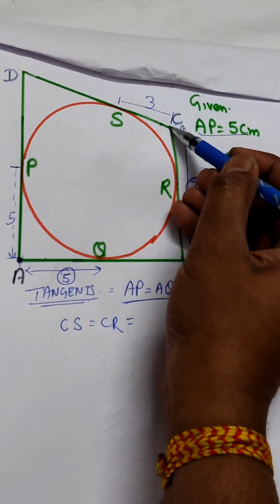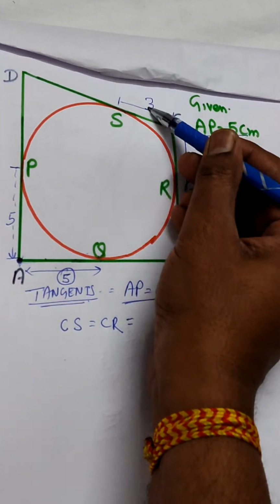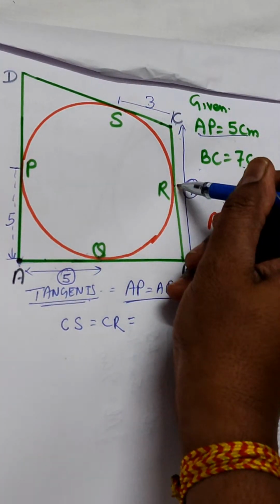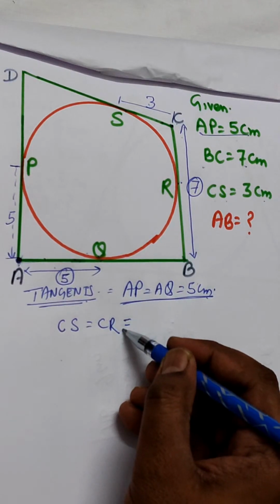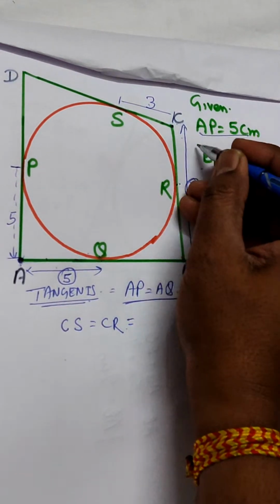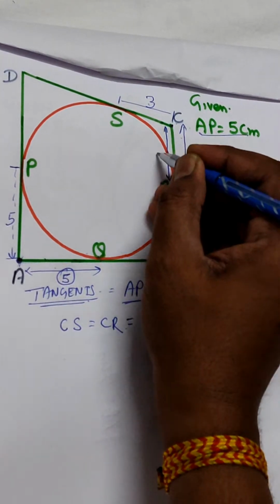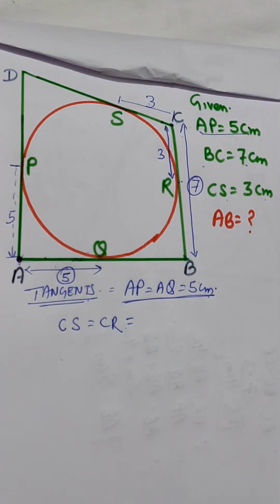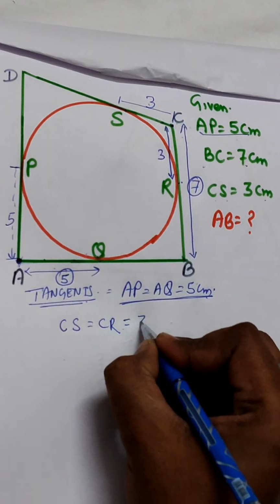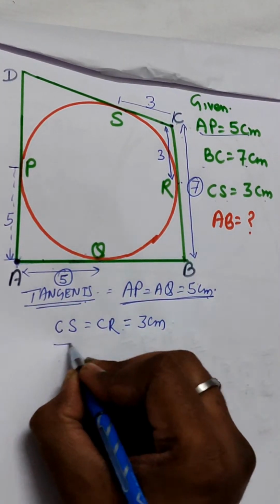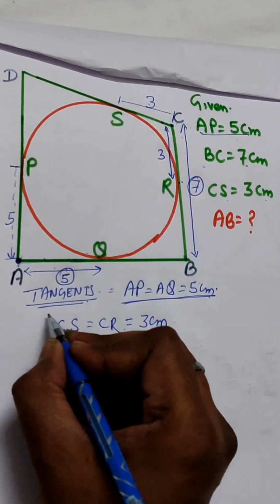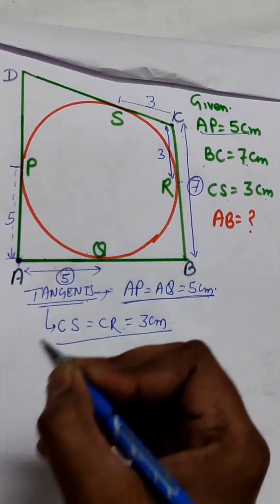If CS is 3, then C to R is also equal to what? 3. So the length from C to R is 3 centimeter. This is also a tangent, right?